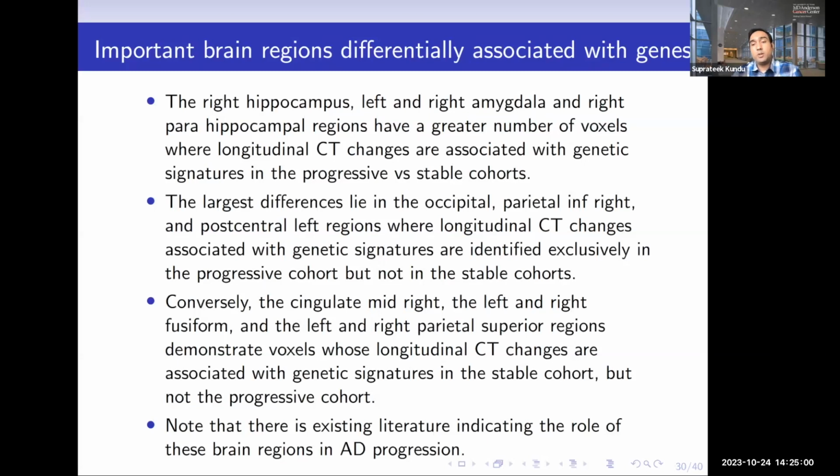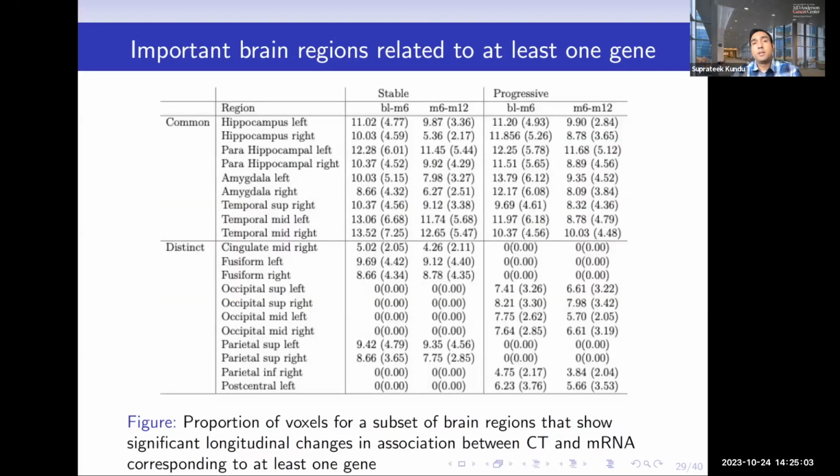We also see, in hippocampus left and the amygdala, differential gene image associations, although not as stark as the second half of the table. But even in these regions, there are differential associations between the image and the genes.